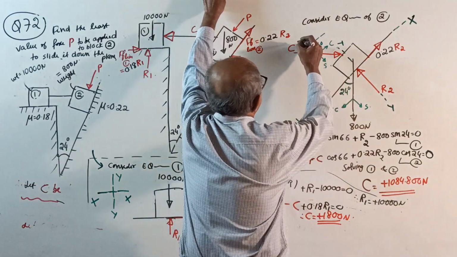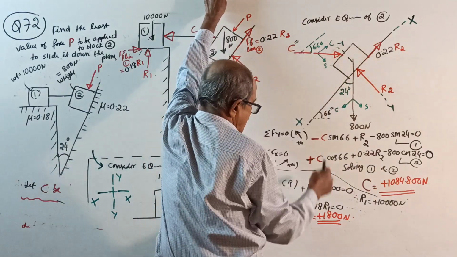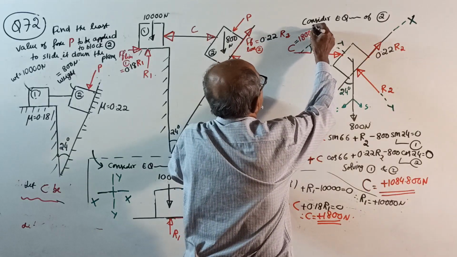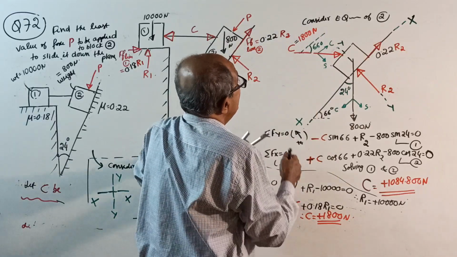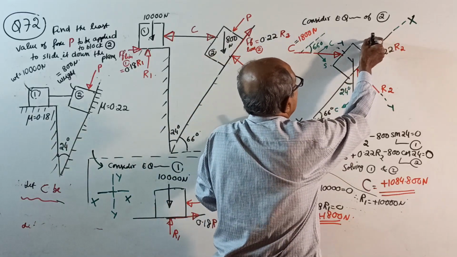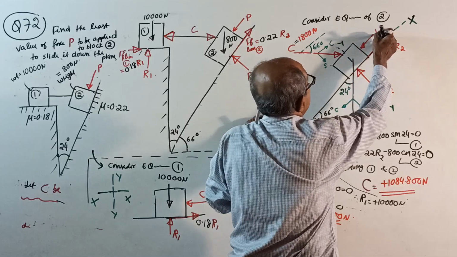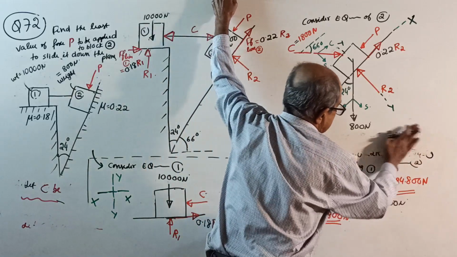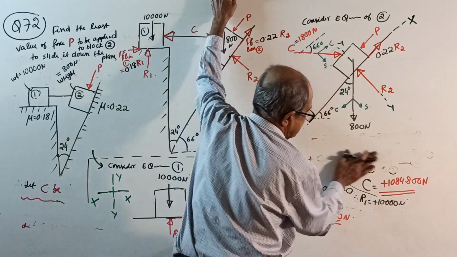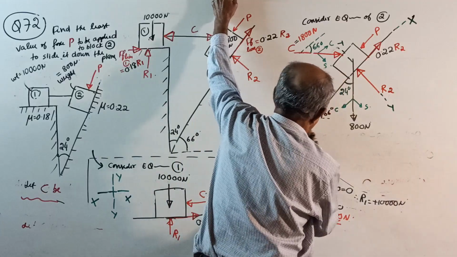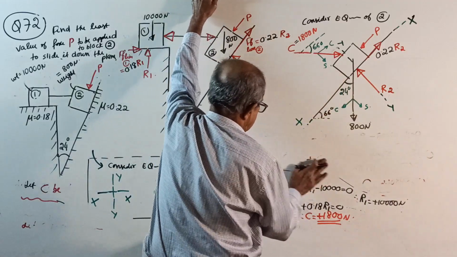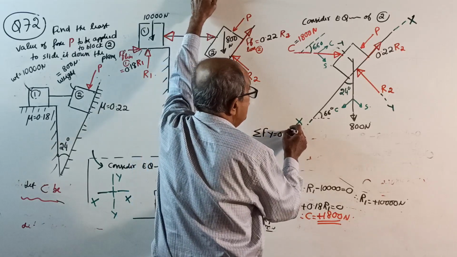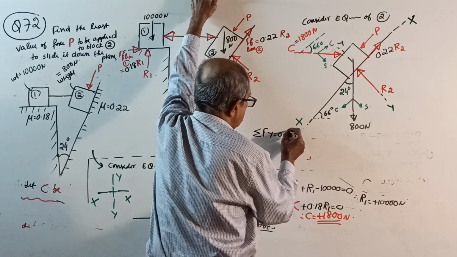Okay, now consider equilibrium of block 2. When you consider block 2, your C is known, 1,800 Newton, and the only unknown here is P. Now this question can be easily solved. Everything is the same. Okay, start. First, sigma Fy equals 0, taking upward positive.